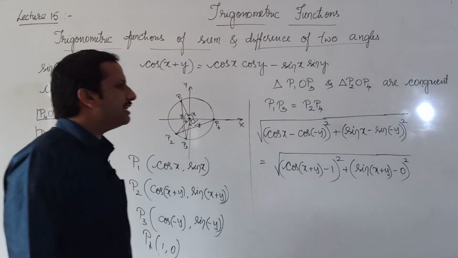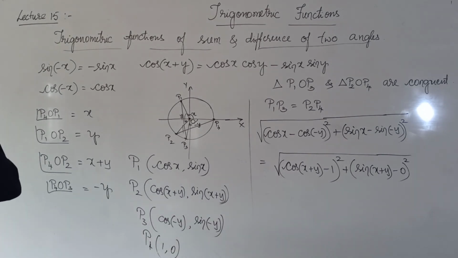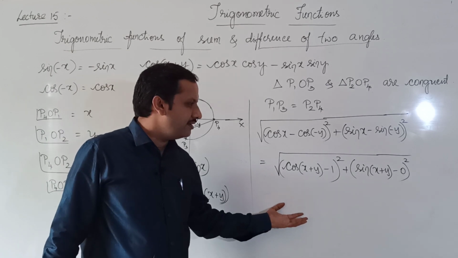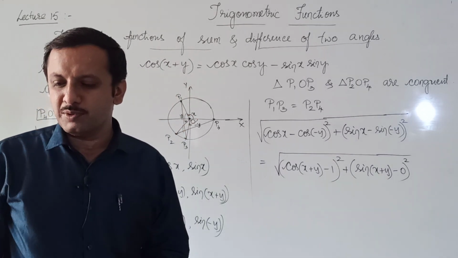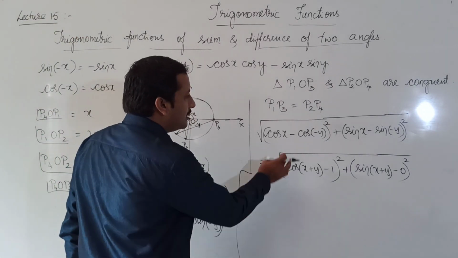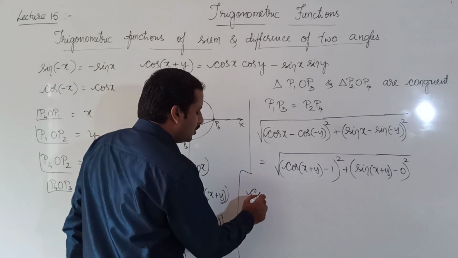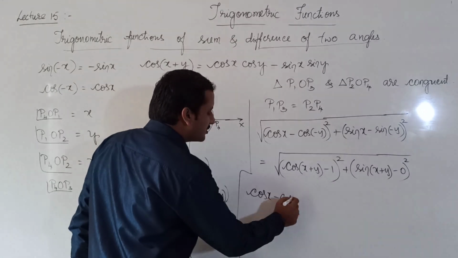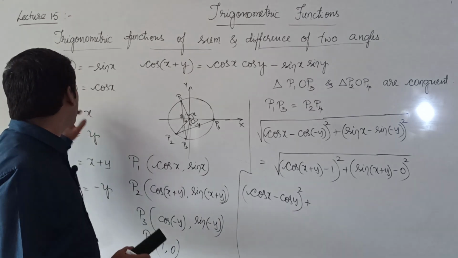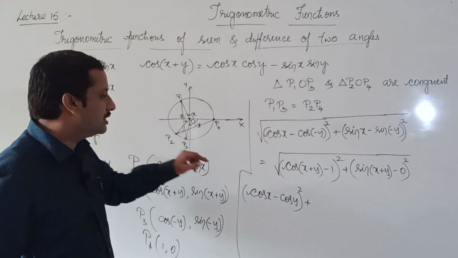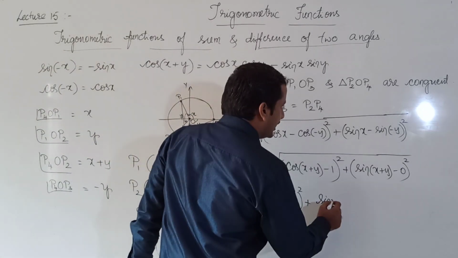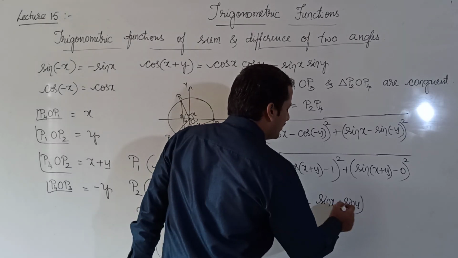Okay, so I will square these two equations. I have to clean the board now because there is not enough space to complete this proof. I will write one more step before I clean the board. Squaring this equation will give you (cos x minus cos y) whole square. Observe here, I have written cos of minus y as cos y itself. You know that formula, cos of minus theta equals cos theta. Plus (sin x plus sin y) whole square.